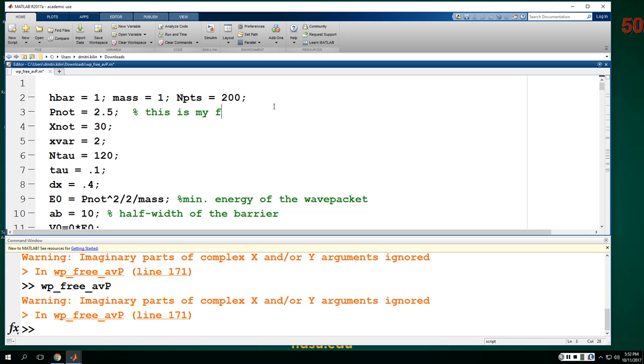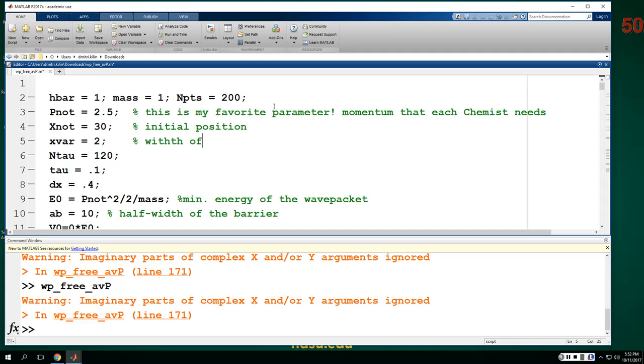This is my favorite parameter, the momentum that each chemist needs. Initial position, and X var, the width of the wave packet, the width of the wave function.